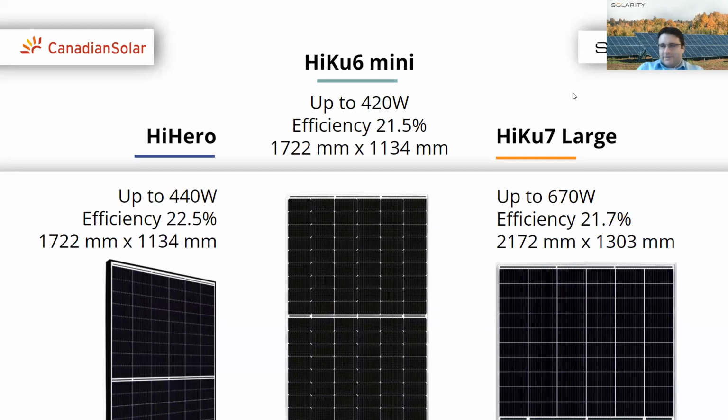We have 405 and 410 watt modules, which have 25 years, not only on linear performance, but also on product. Usually the product warranty is 12, 15 years. This one is offering 25 and 25 years. That's Canadian Solar in short.